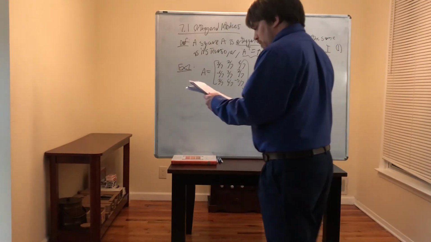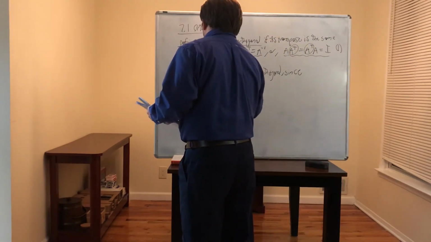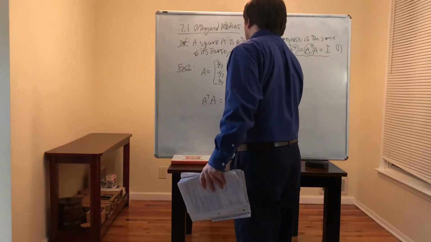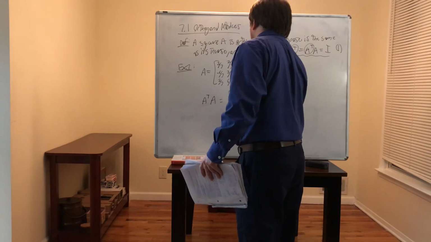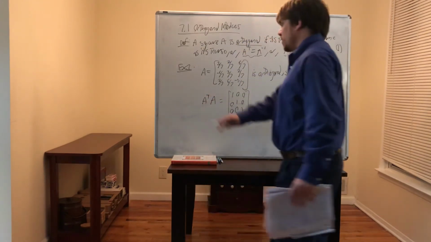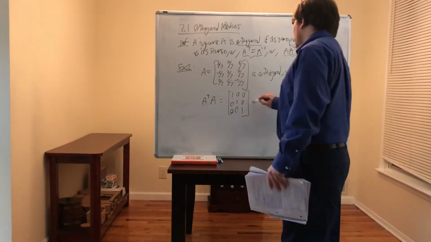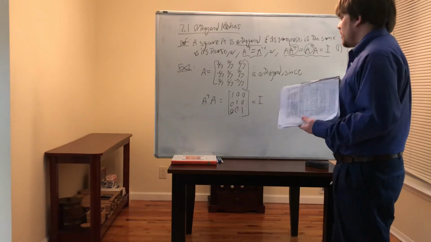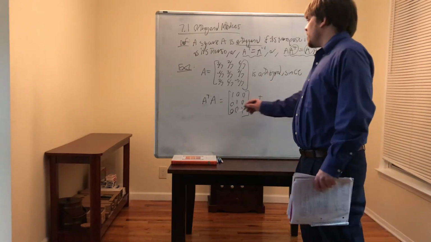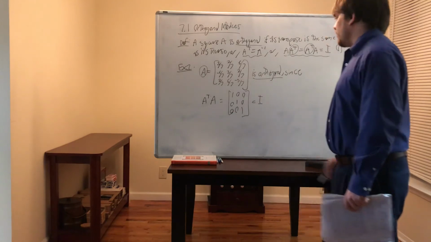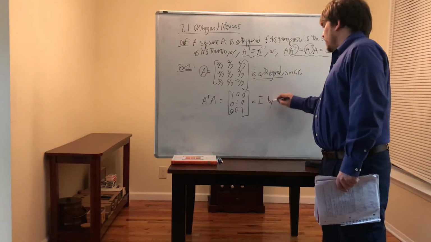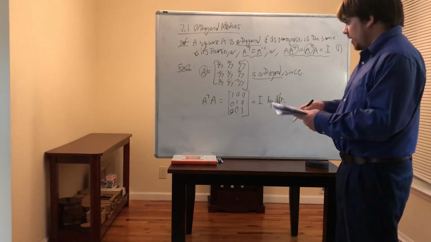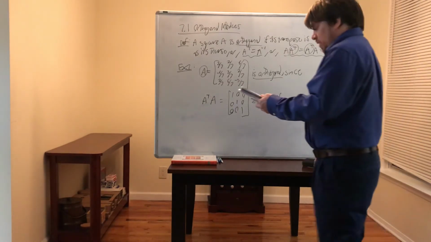I could write all the matrices out, but basically if you take the transpose of that matrix A and compute A transpose times A, you will get the 3x3 identity matrix. You can do the matrix multiplication and you will get the 3x3 identity matrix. And so that means this A is orthogonal by the definition of an orthogonal matrix. Okay, so that's the start.